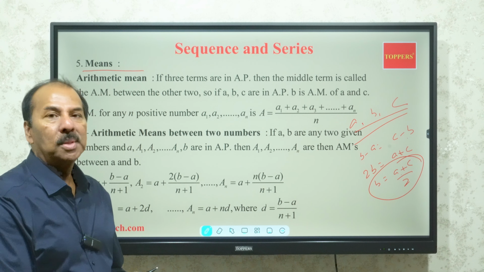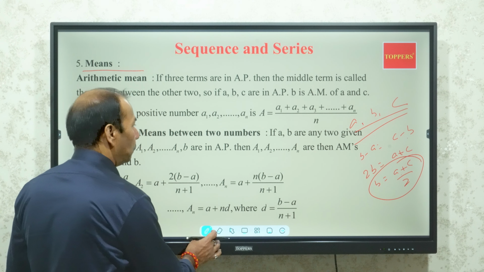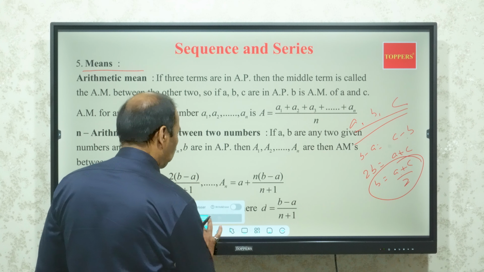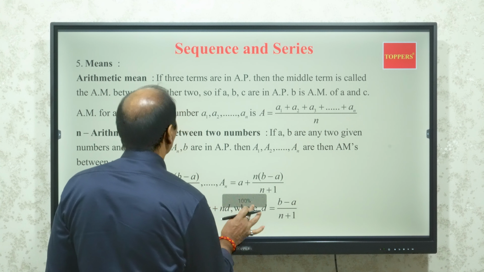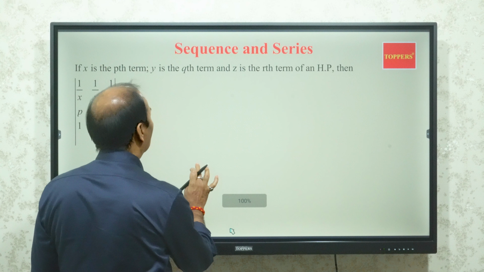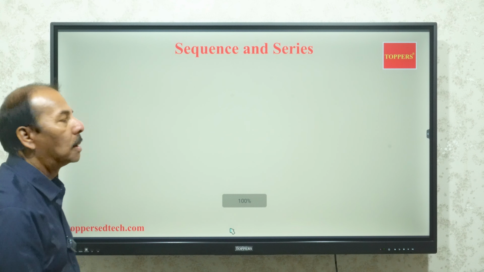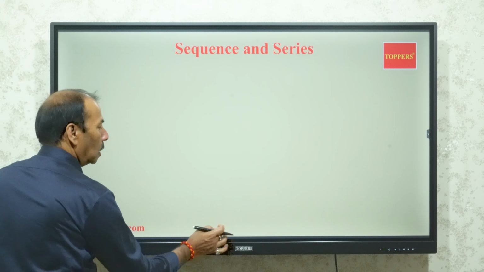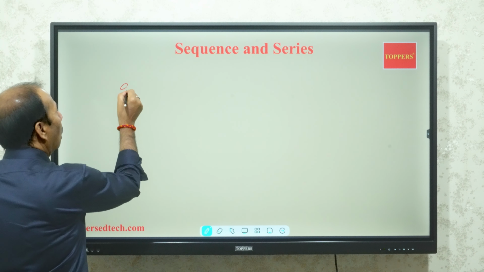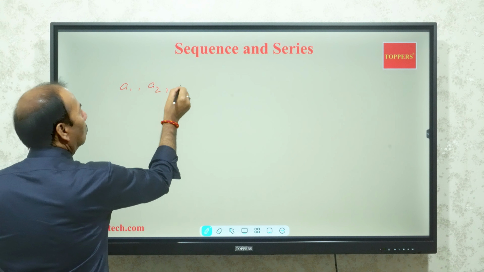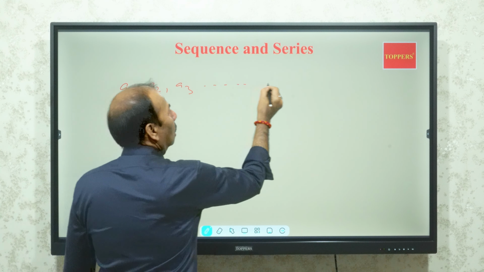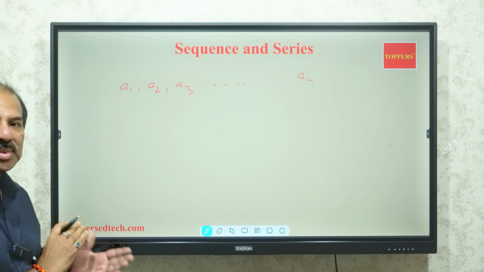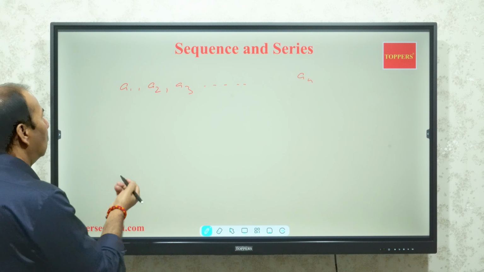Now let us say there are n number of terms, a1, a2, a3, up to an. Then how do we calculate the arithmetic means? It can be considered in a different way.